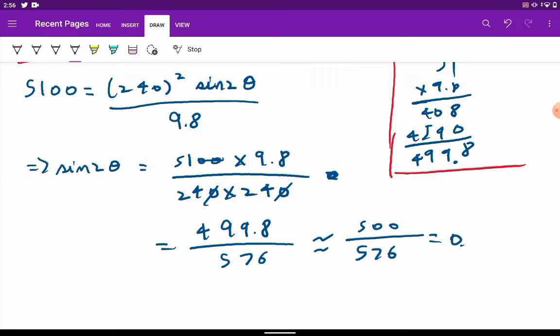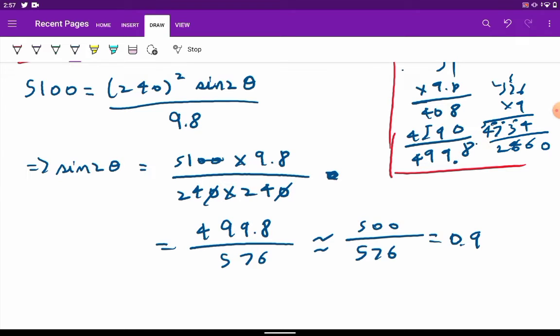It would be 0 point something. 76 into 9 is 954, 9 to 18, 23, 4734. Then it becomes 266, so 2660.